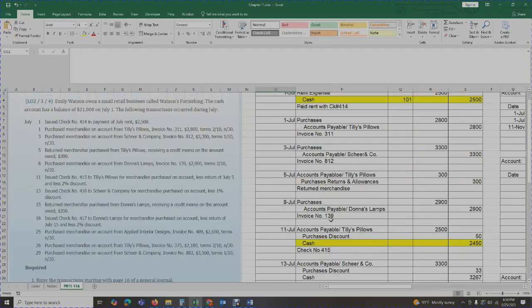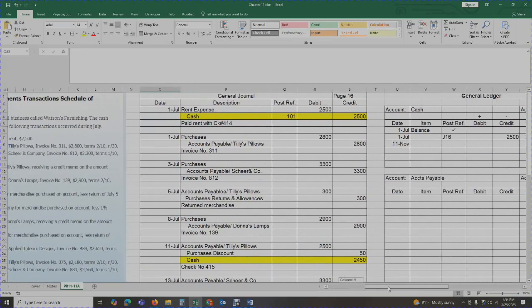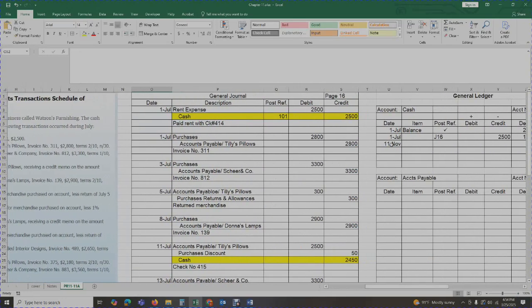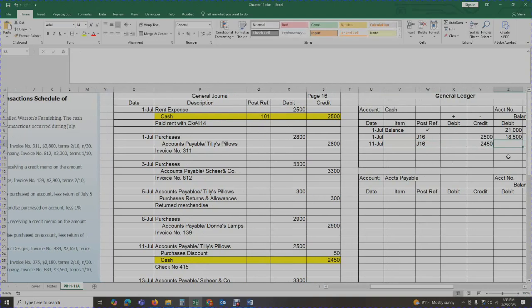Okay, so let's go back, and we're going to be looking at July the 11th. On July the 11th, we have a credit. This is journal 16, and we have a credit of $2,450. So we're going to get the 18,500 less the $2,450.